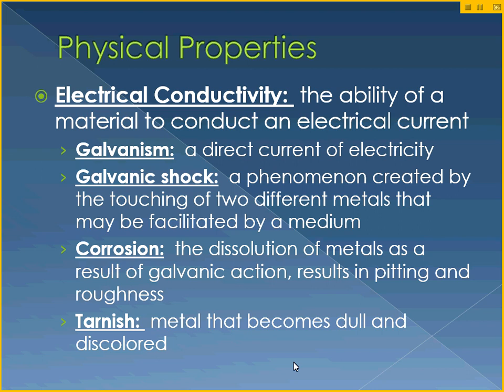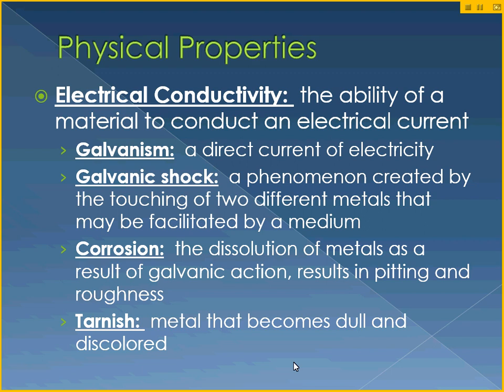That shock is referred to as galvanic shock. And this is what happens if you've ever had a piece of aluminum foil in your mouth, like you left it on a piece of chocolate you were eating or a piece of gum you were chewing, and you bit down and you got a shock in your mouth. You experience galvanic shock. And the medium in galvanic shock, because there has to be a medium to facilitate that, are the electrolytes that are in your saliva.